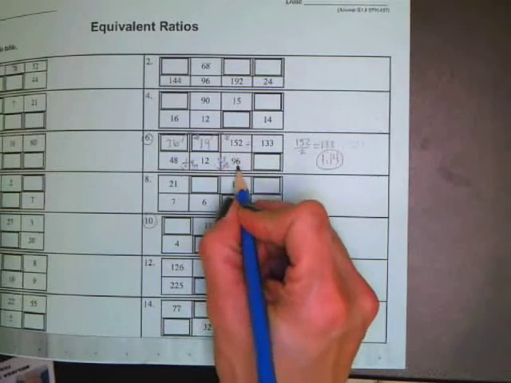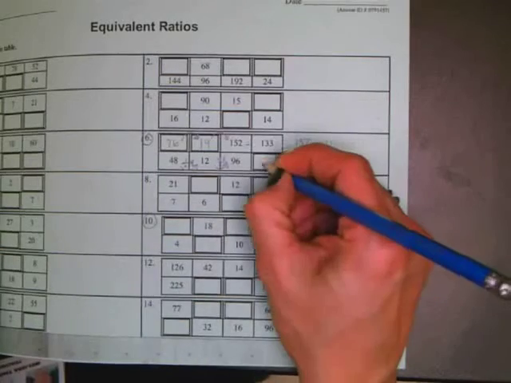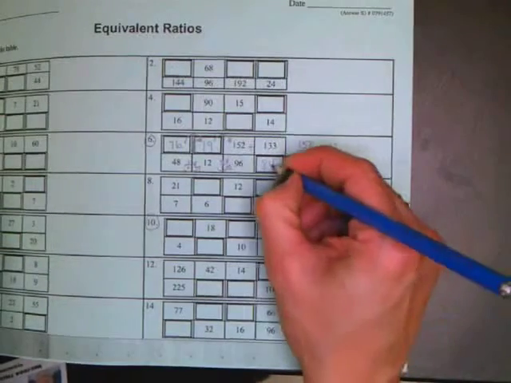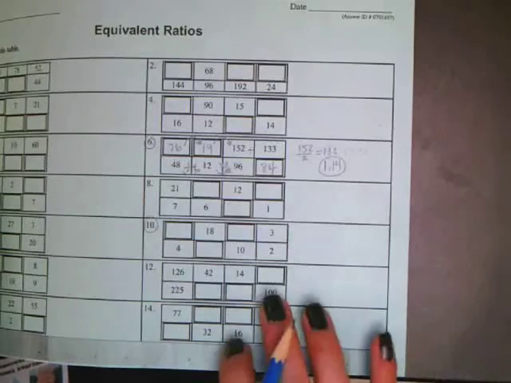So which means I have to take this 96 and divide by 1 and 14/100ths. 96 divided by 1 and 14/100ths is 84. We're just going to round up a little bit. Okay, so that's number 6.